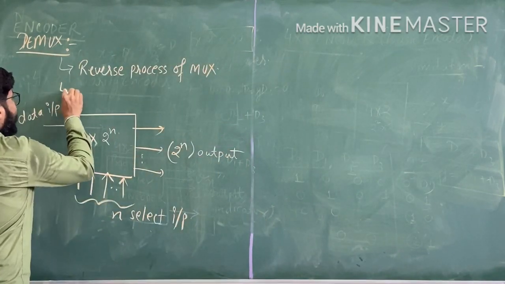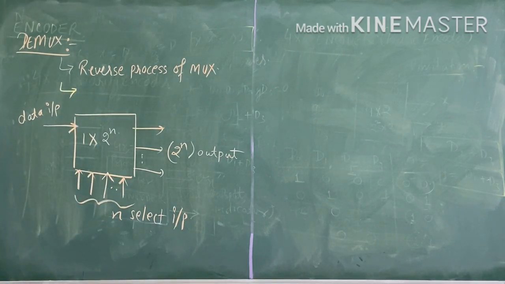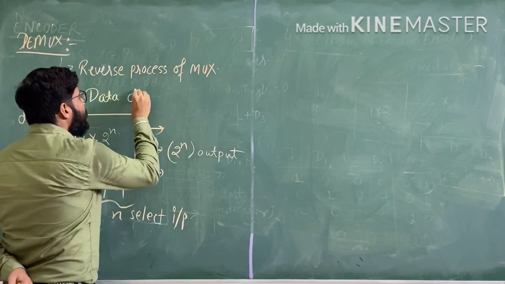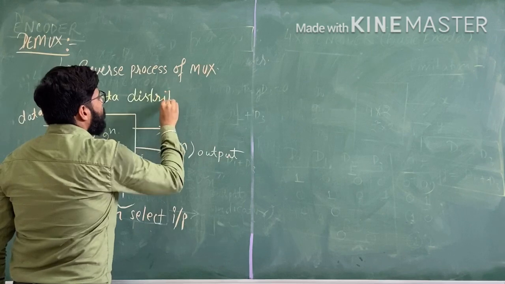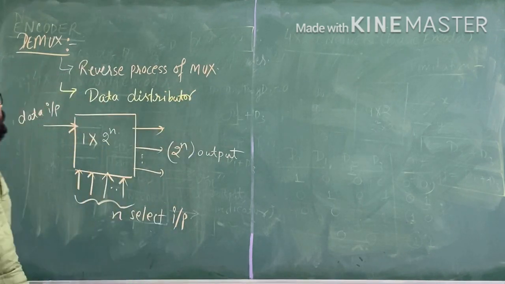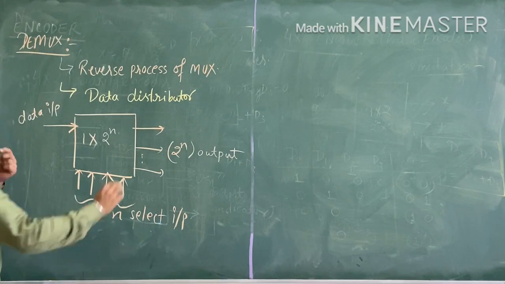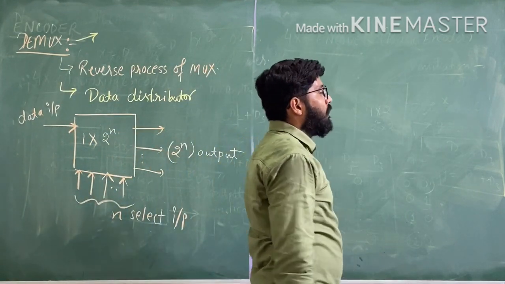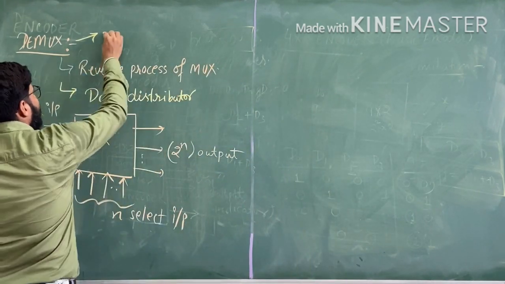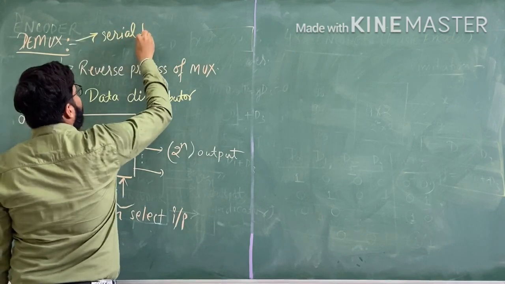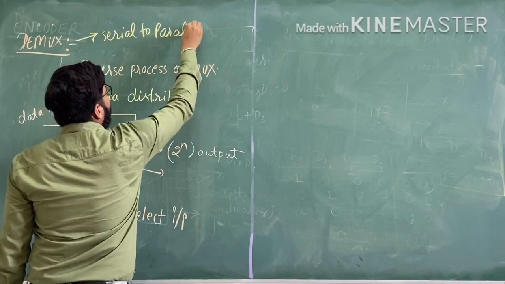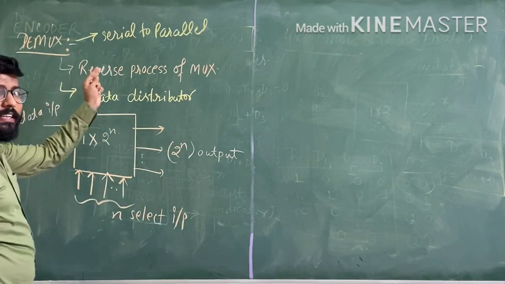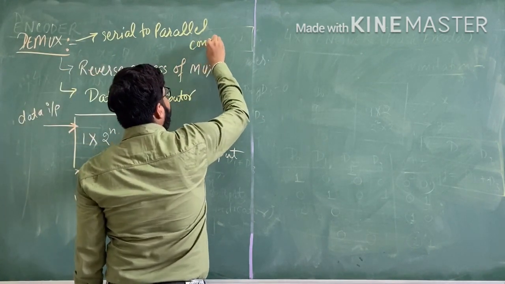Now, demultiplexer is also called a data distributor. There is another name of demultiplexer, that is data distributor. Demux has another name, that is serial to parallel converter, because we have one input and many outputs.